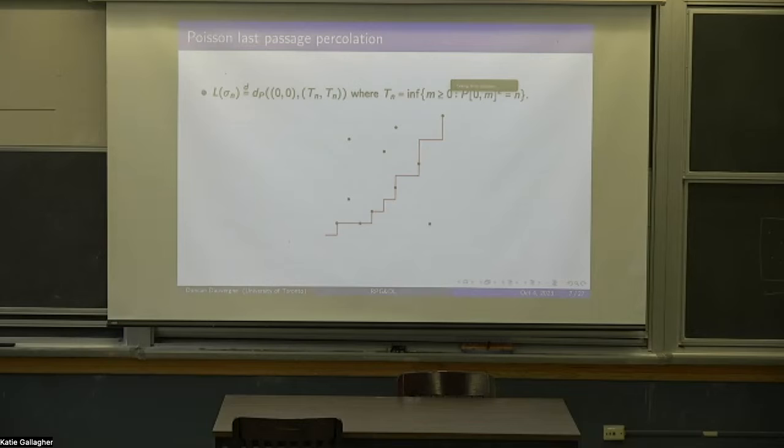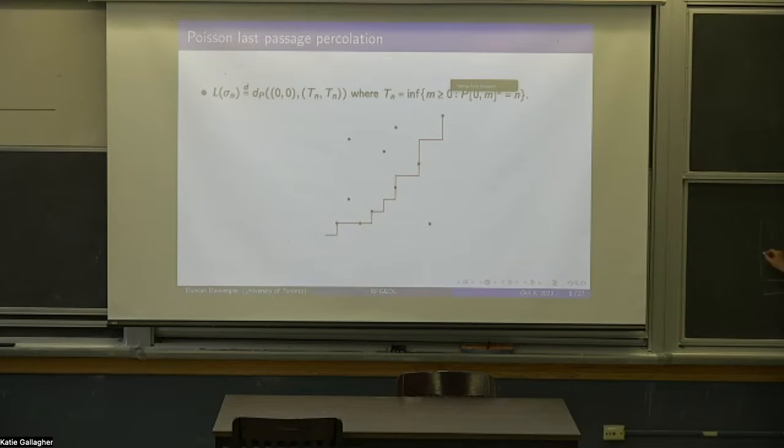So how does this connect to the longest increasing subsequence problem? The claim is that if you want to study longest increasing subsequences, you can forget about permutations at this point and just study this guy. And here's how you do it. I'm going to take my Poisson process in the plane. So this is just dots distributed uniformly in the plane.